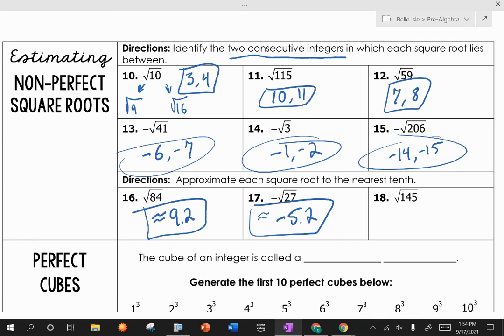So on number 18, guys. It's 12.1? No, it's just 12. We're rounding to the 10th place, though. So hey, this is a good specificity question.